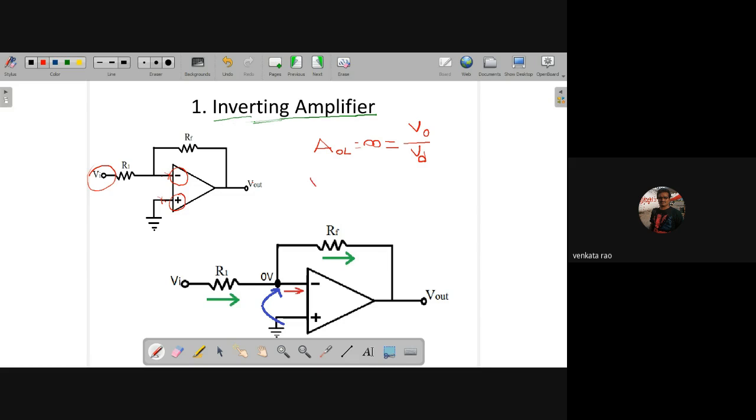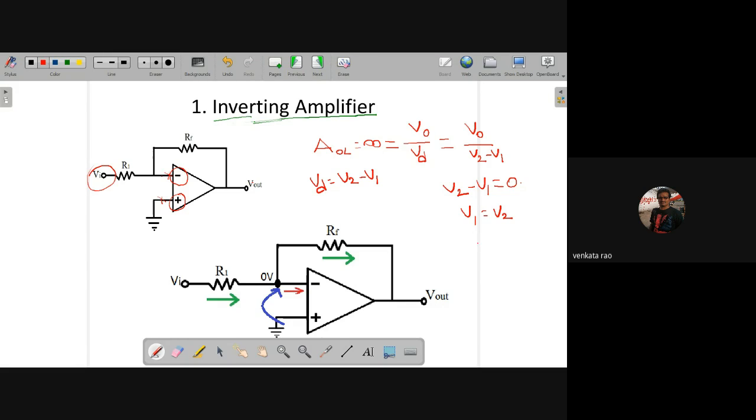Now we can write VD is equal to V2 minus V1. Now if I substitute that here, output voltage by VD, where V2 minus V1 is infinity, the meaning of this is V2 minus V1 equal to 0. So it means V1 equal to V2.